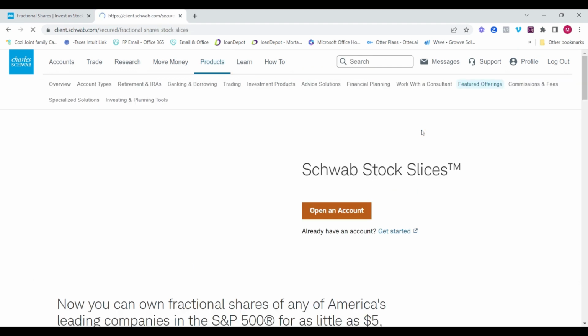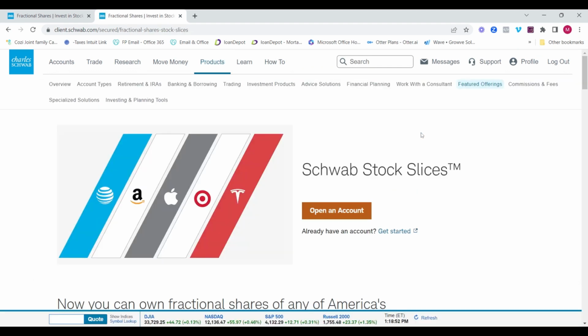Schwab Stock Slices. I think this one's pretty cool as well, especially for accounts where there may not be a high enough balance, such as custodial accounts or accounts for kids. That's where they may be getting gifts like birthday, Christmas, or holiday gifts, checks and money on a regular basis, but those amounts aren't large enough to buy whole shares.